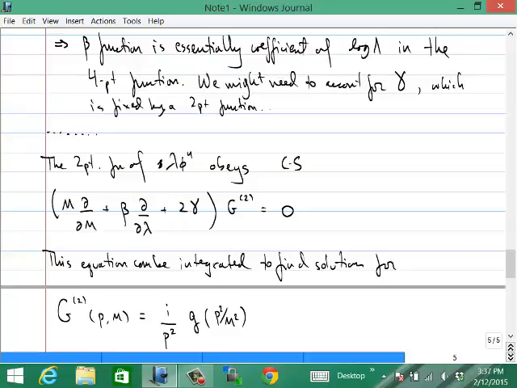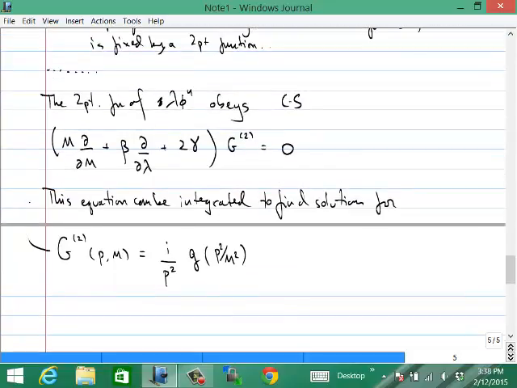It has to be p squared by Lorentz invariance, and then by dimensional analysis, it has to be a function only of p squared over m squared. And so you can go ahead and plug that back into this Callan-Symanzik equation, and you get a differential equation for this function g. And then, at least implicitly, this differential equation can be solved in terms of beta and gamma.